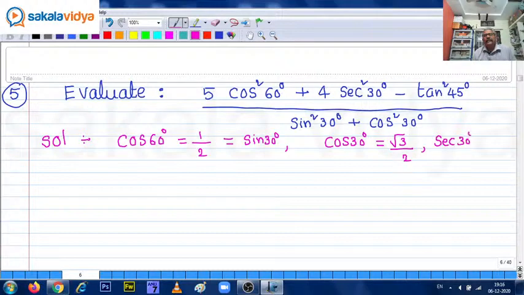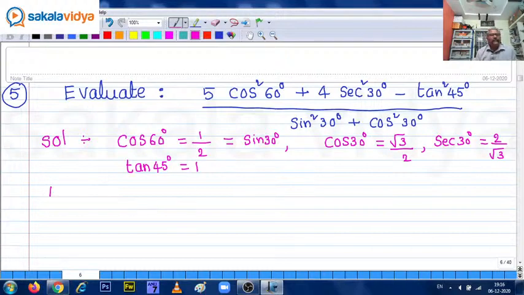Secant 30 is equal to the reciprocal of cos 30, 2 upon root 3. Next we have tan 45. Tan 45 degrees equals 1. So now as we know all the values, only the simplification we need to do.